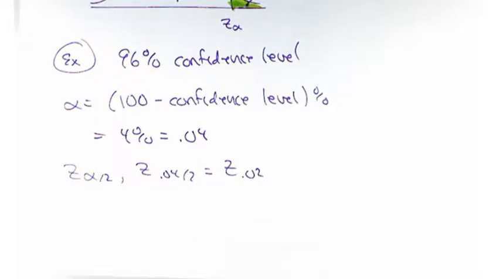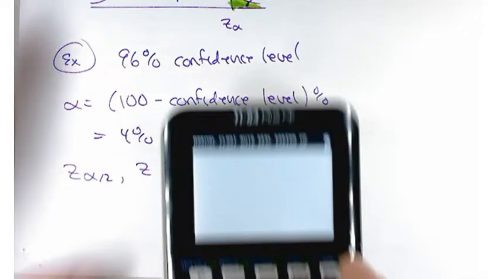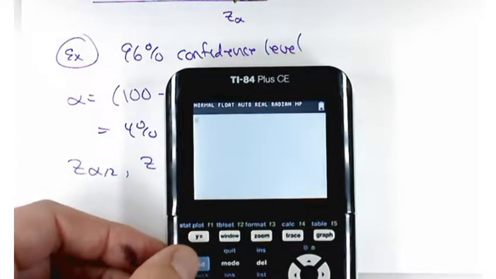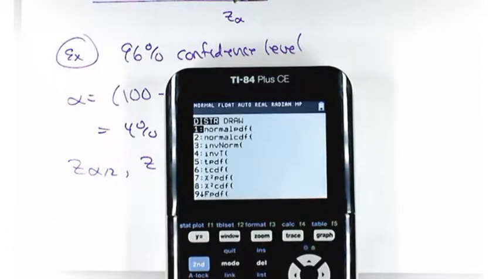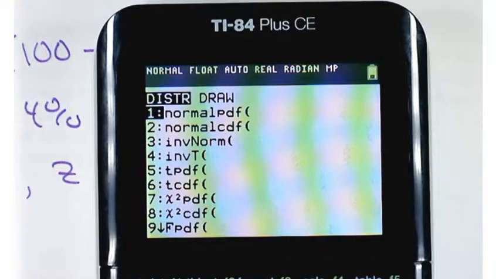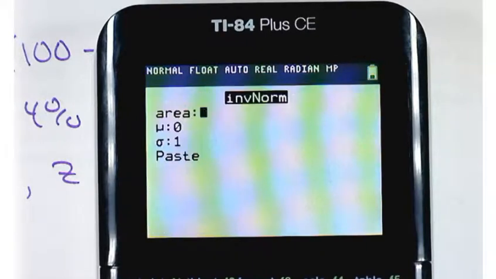We'll start with the graphing calculators. So hit the second key, then distribution, or second key, then on the face of it, it'll say vars. We want the inverse normal. It's going to ask you for the area. That's going to be the area in the left tail.